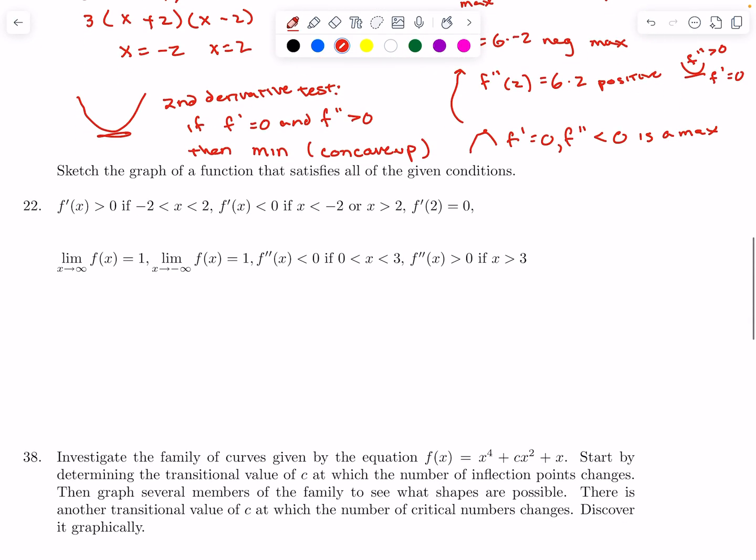Okay, how do you do these? Limit of f of x is 1. So they flatten out.